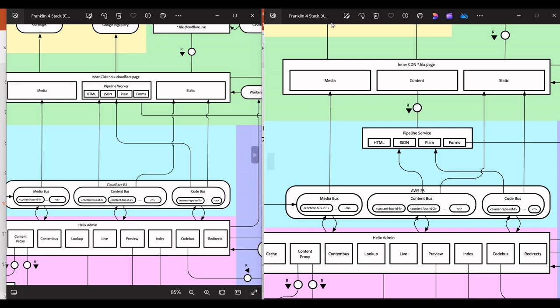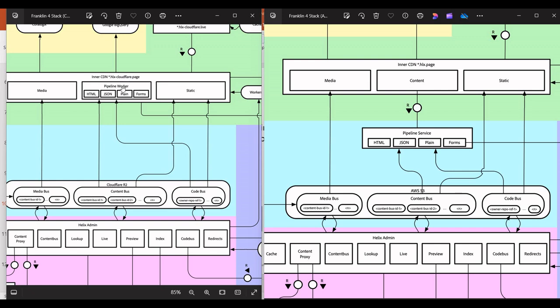This is the Cloudflare one, this is the AWS one. If we see what the difference is, in the Cloudflare one we are using storage as R2, here S3, same, the buses are there inside. And the pipeline services, if you see the inner CDN, in the AWS one the pipeline services are here, but here it is combined.